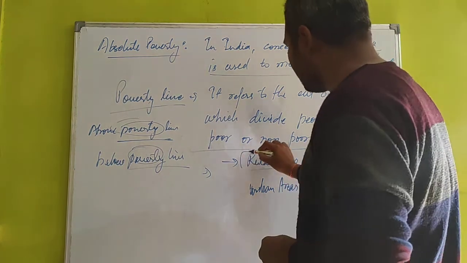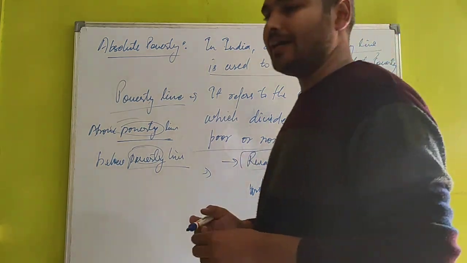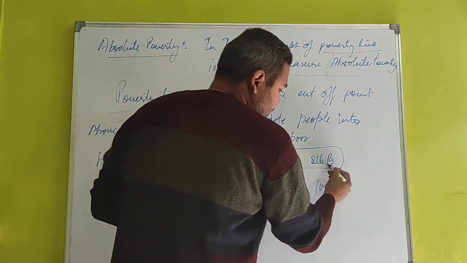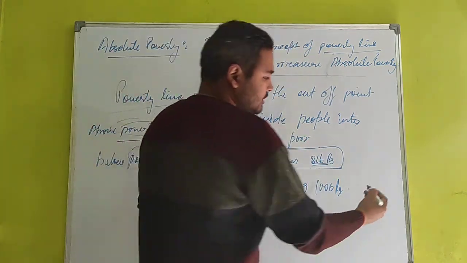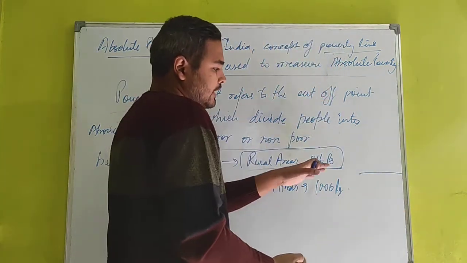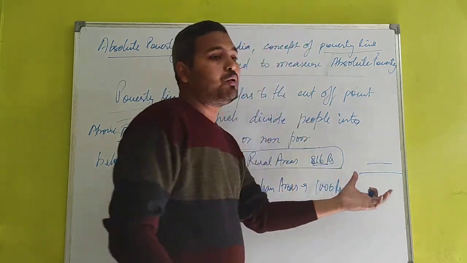So a person living in rural areas, if he or she is able to spend 816 rupees, will be said to be above the poverty line.